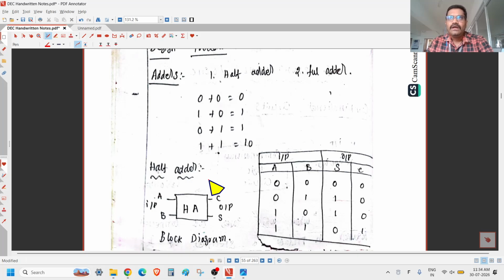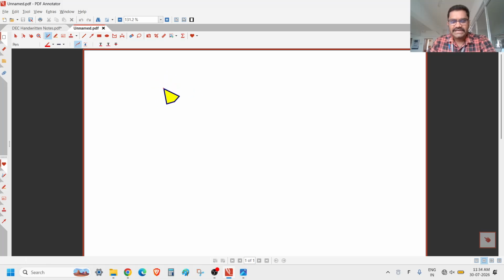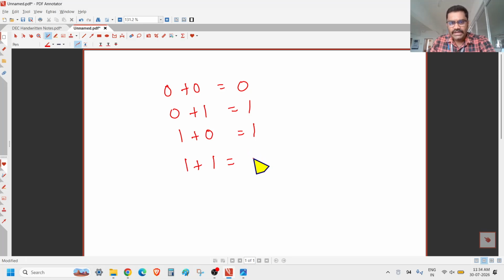So next we'll go into the adder circuit design. Generally adders have two types, half adder and full adder. The basic addition rule is 0 plus 0 is equal to 0, 0 plus 1 is equal to 1, 1 plus 0 is equal to 1, and 1 plus 1 is equal to 10, where the 0 is the sum result and the 1 is the carry result.